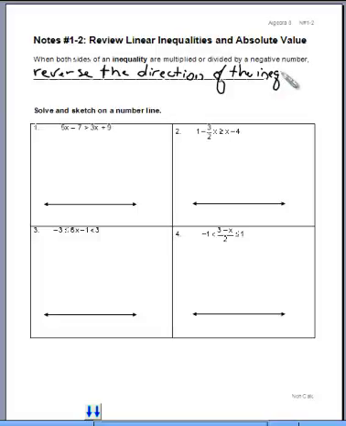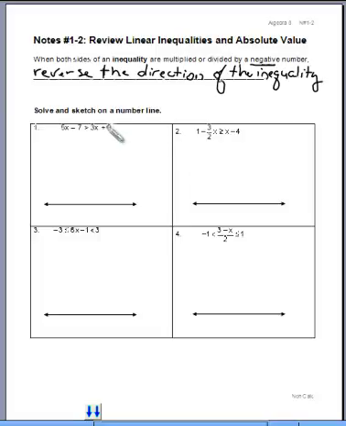You have to switch the sign from greater than to less than, or vice versa, to less than or greater than, only when you multiply or divide by a negative number. Okay, that's a big only, and you have to remember that. So we'll go through and do a few examples.